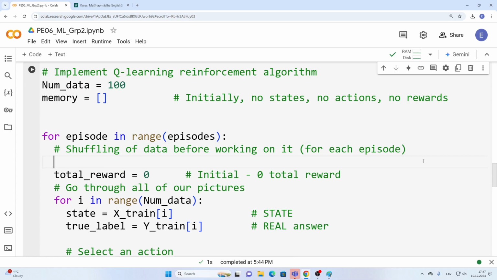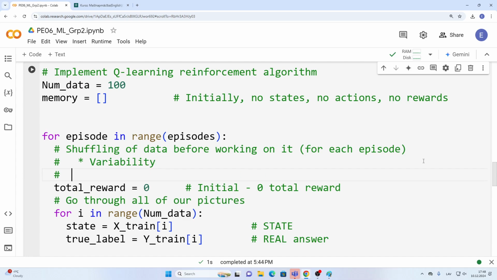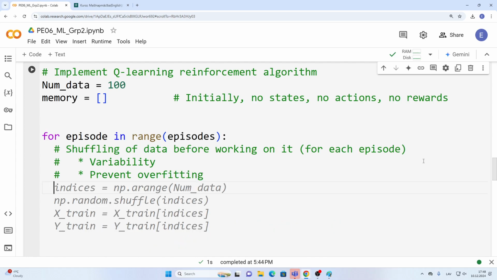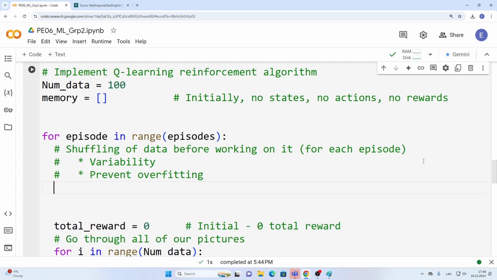So this is necessary for, one, or maybe let's make bullet points, variability. Two is prevent overfit.